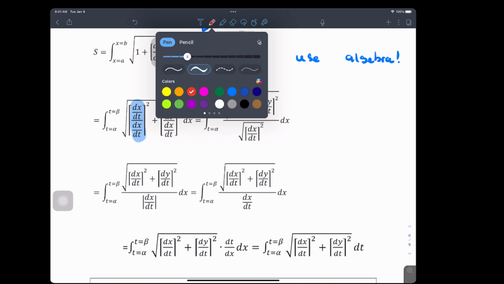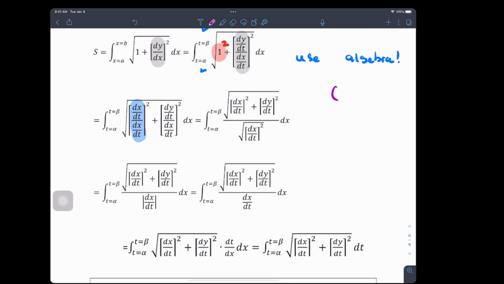Let me give you guys some algebra, what I'm talking about. Right? A over b squared is a squared over b squared. That's what we're saying. So that's how we went from here to here. But then I took the square root of the numerator, because I have a square root of a sum with the same denominator.